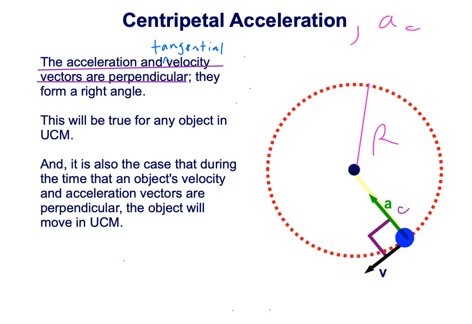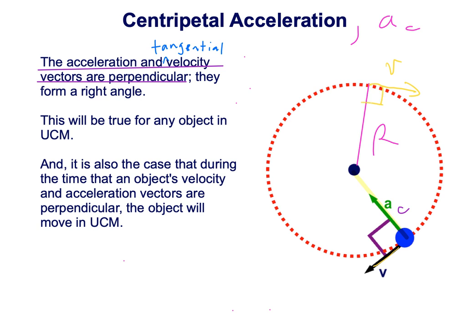Okay, again, the acceleration is perpendicular to the tangential speed because it is along the radius. The radius is perpendicular to the tangential speed.